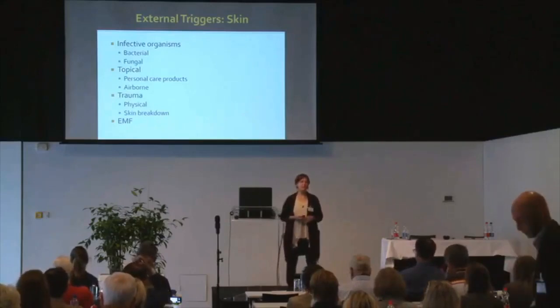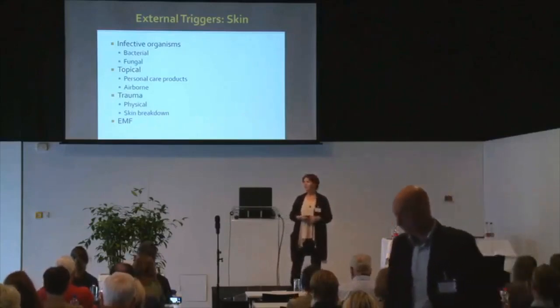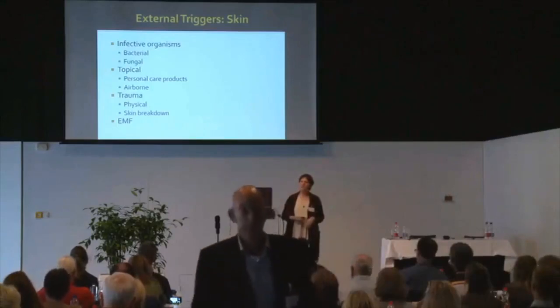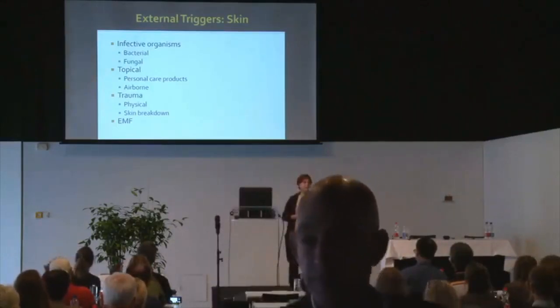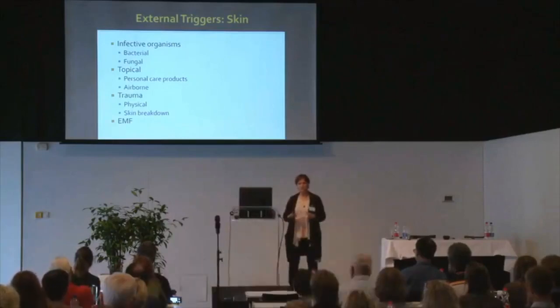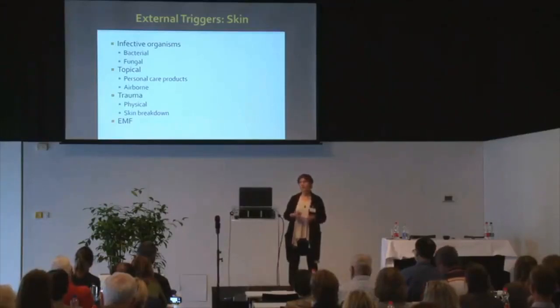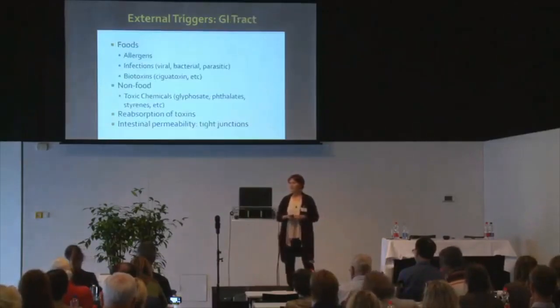Topical products that we use affect our bodies. Trauma, physical trauma, skin breakdown, and I don't know how well studied it is in Europe. In the US, we're just beginning to have some acceptance and understanding of how electromagnetic frequencies can affect people.